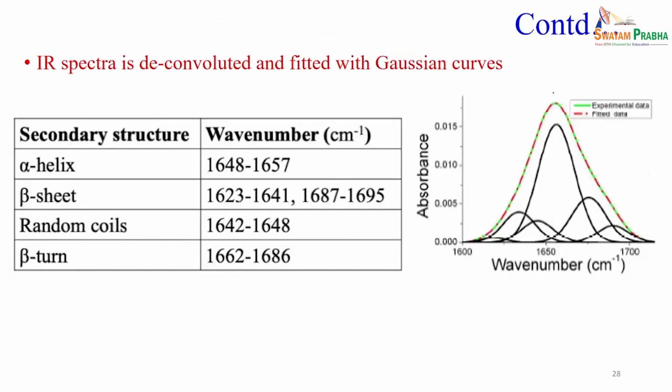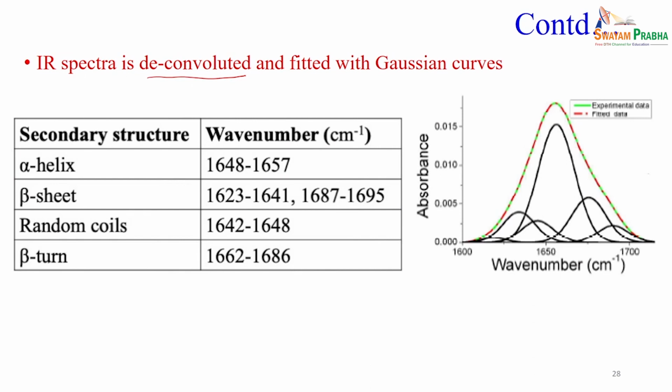So, this is an FTIR spectrum of your sample. What we have to do is deconvolute, and after this you get different peaks. For alpha helix, if the peak lies in the range of 1648 to 1657, we call it an alpha helix peak.